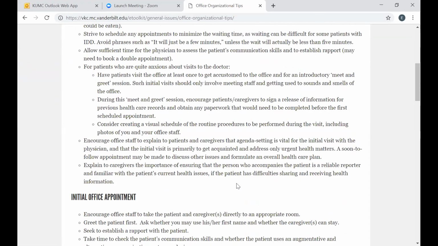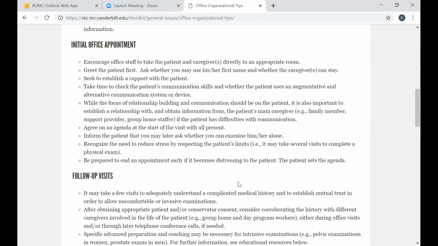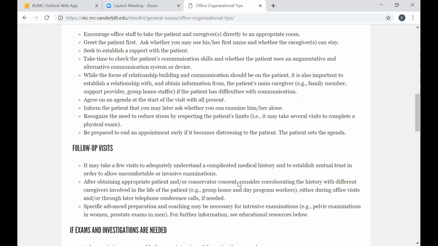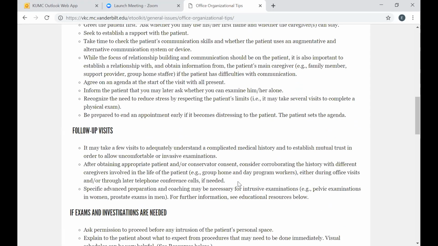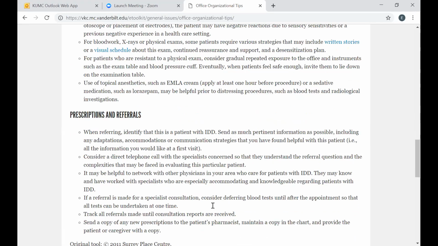I'm not going to read all of this, but it's good information if you are considering how you can improve your care for patients with IDD, and then follow-up visits, and also how to go about exams or further work that's needed.